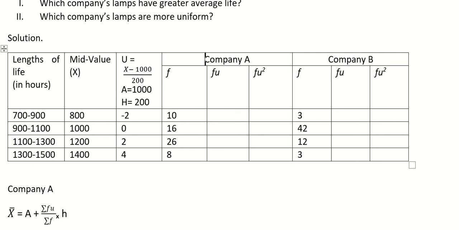Now the next step is to calculate fu. So fu is 10 into minus, sorry, this would become minus 1, not 2, and this would become 1.